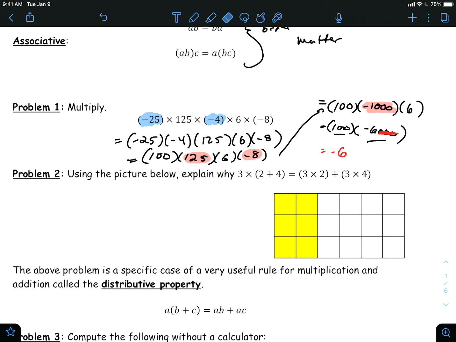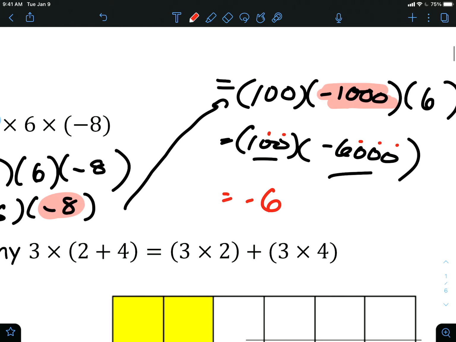How many zeros do you see? 3. Is there 3? Total. Oh, total? Total. 6. One more go. 5. 5? Wait, 1, 2, 3, 4, 5. Yes. Okay.